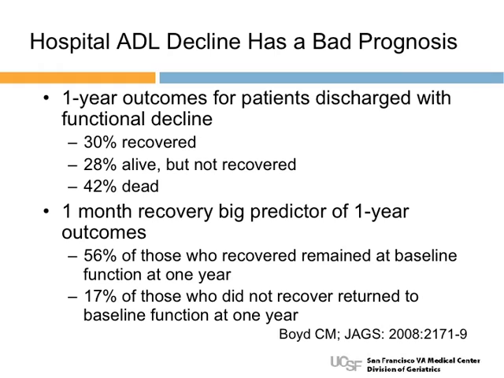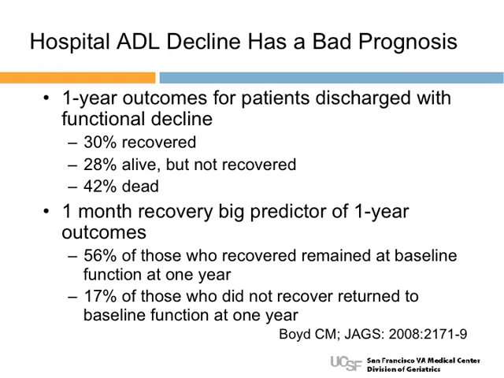It turns out if you're in that 35% group with new functional deficits at the time of discharge, the 1-year outcomes are quite bad. 30% by the time of 1 year have recovered, so they go back to their baseline function. 28% survive, but they're not recovered. They are permanently disabled. And 42% have died.